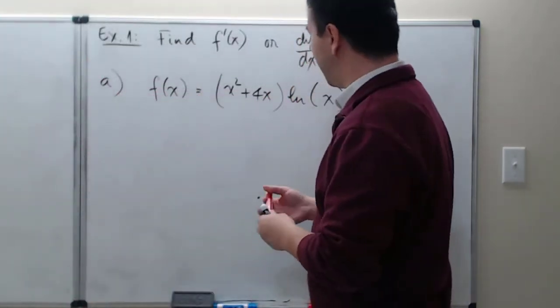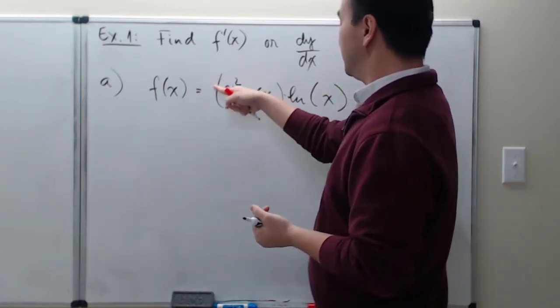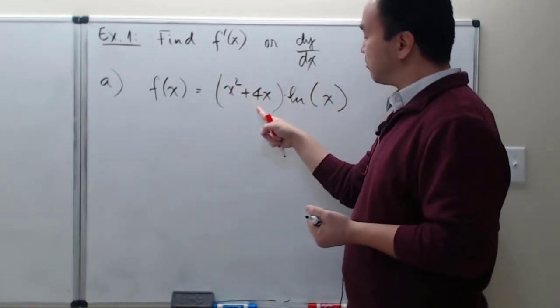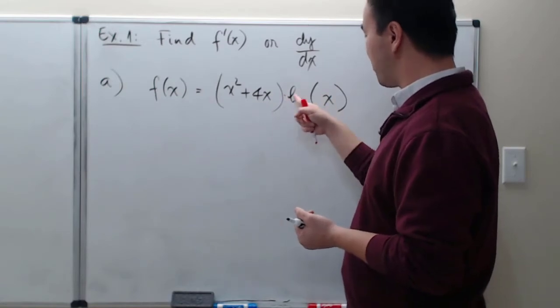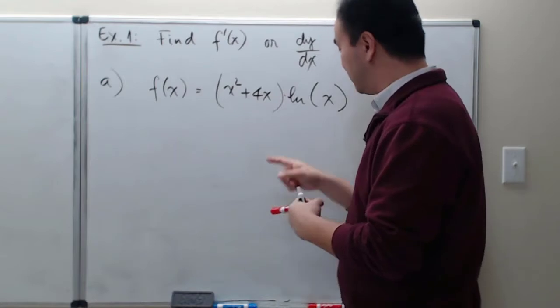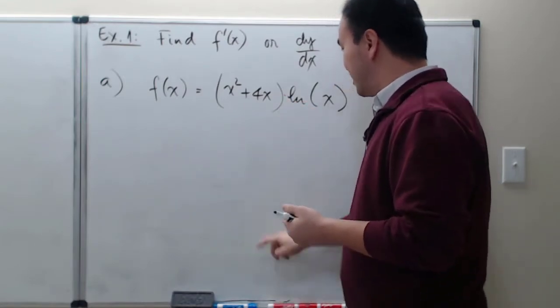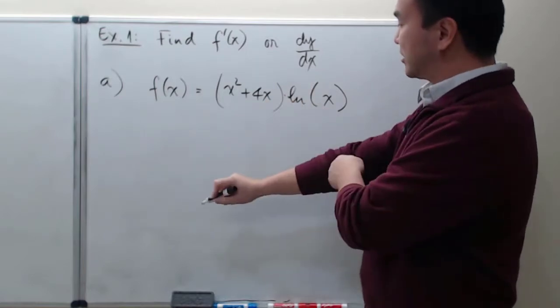What I see here is that we have a product between this polynomial x squared plus 4x and the natural log function. I put a little dot in red ink right there indicating that. So now we're about to apply the product rule.